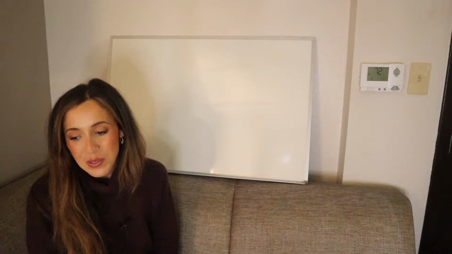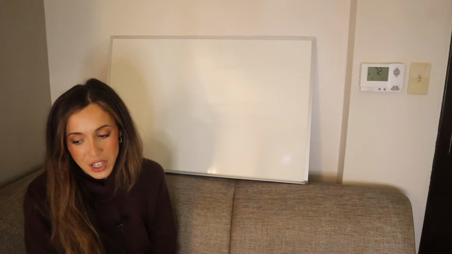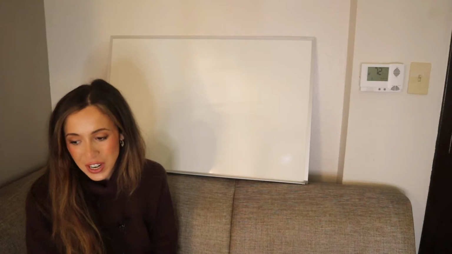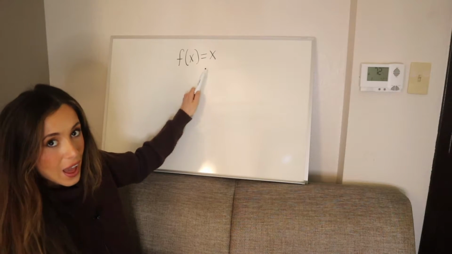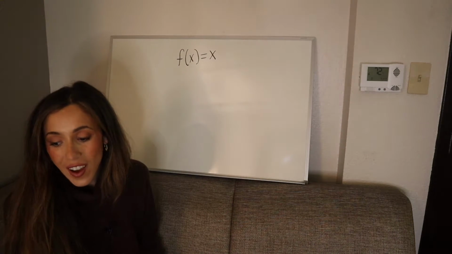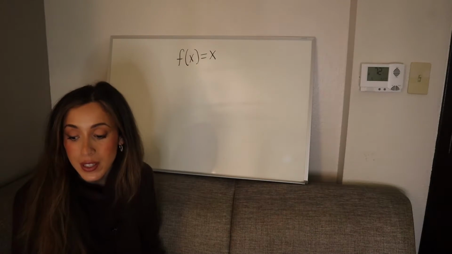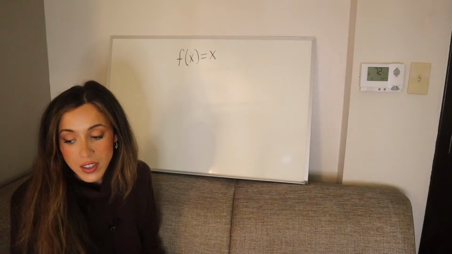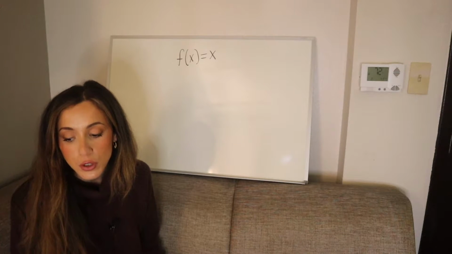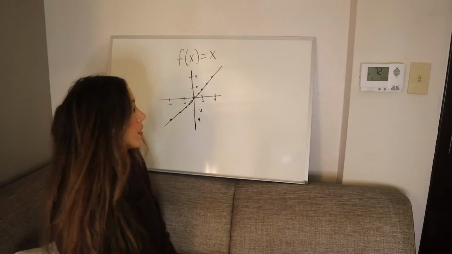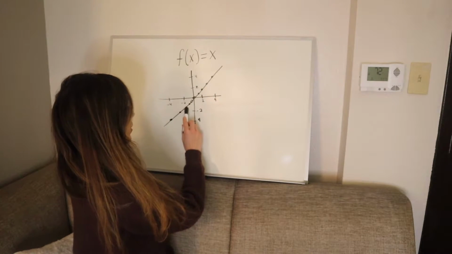Let us work with the most basic function, the identity function. F of x equals x. The outputs are the same as the inputs, or the images are the same as the pre-images. Now I'm going to graph the function. I have bolded the points where the images are integers.